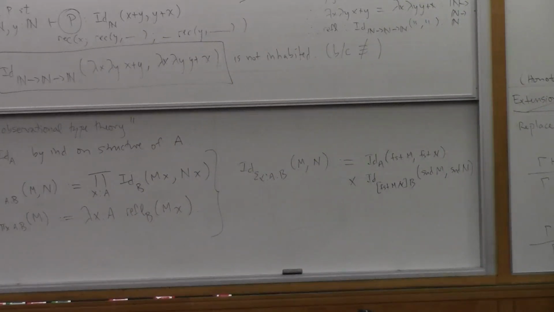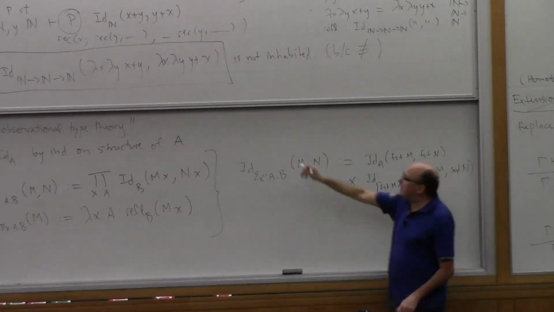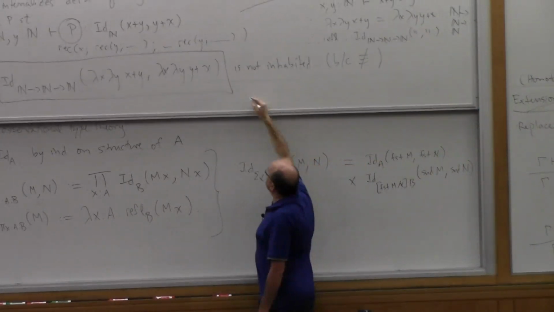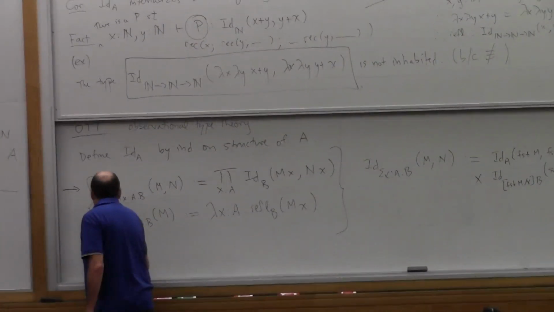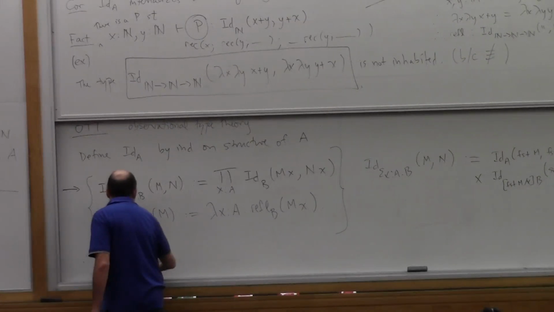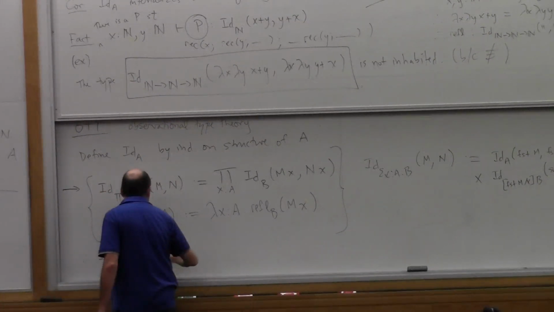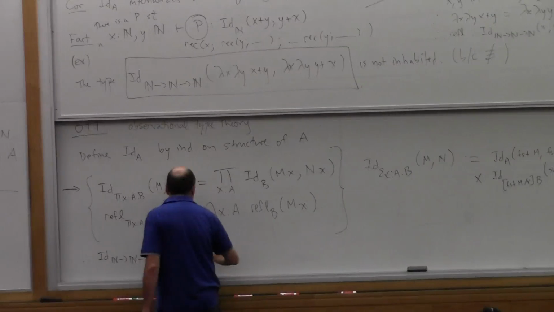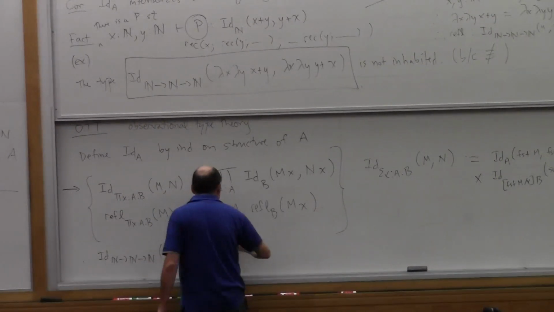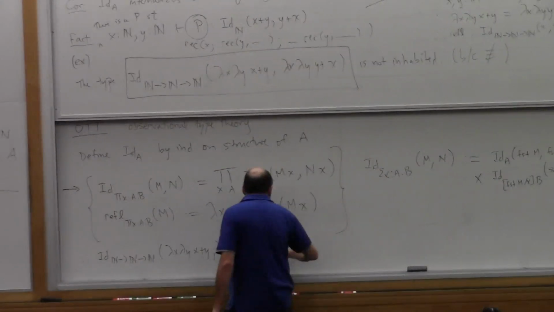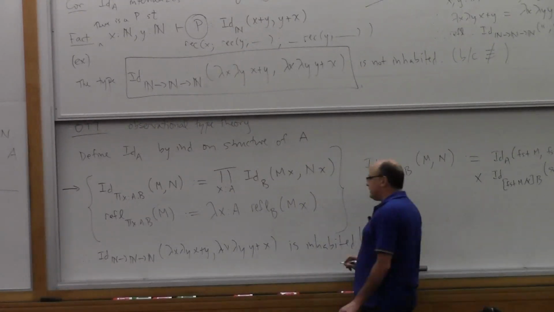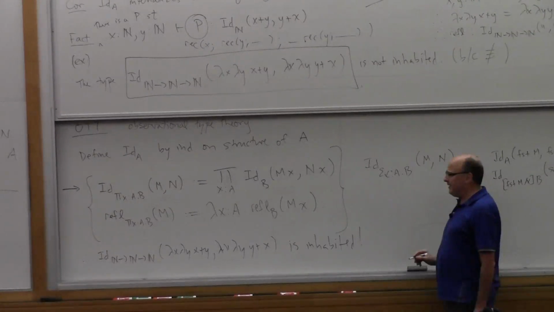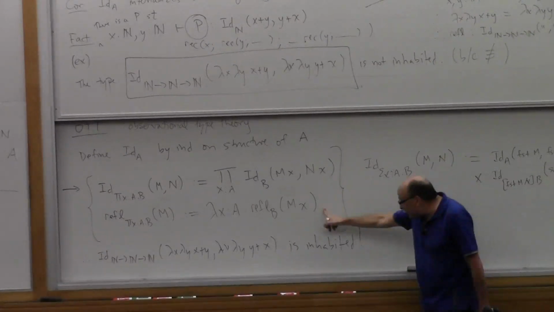That's the essence of the idea. And if you work in OTT, then you get a lot of the benefits of extensionality. You no longer have this pathology. So this type now becomes inhabited. As a corollary, if we take id of n arrow n, remember arrow is an instance of pi, lambda x, lambda y, x plus y, and lambda x, lambda y, y plus x, is inhabited now. And it's inhabited by the very obvious thing. It's inhabited by reflexivity, defined this way.